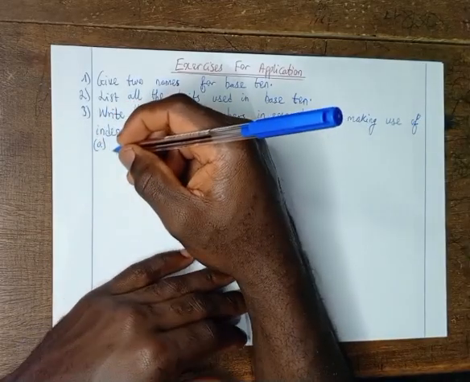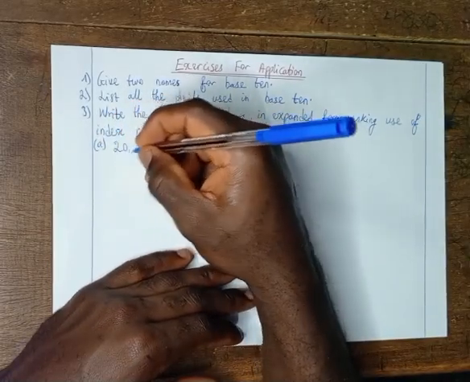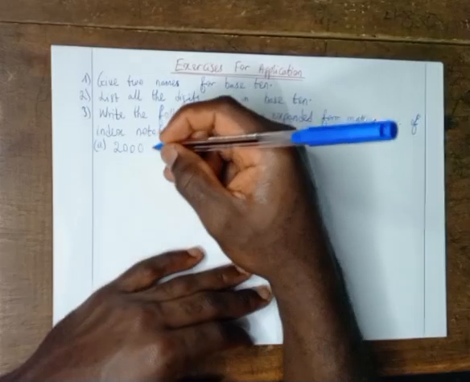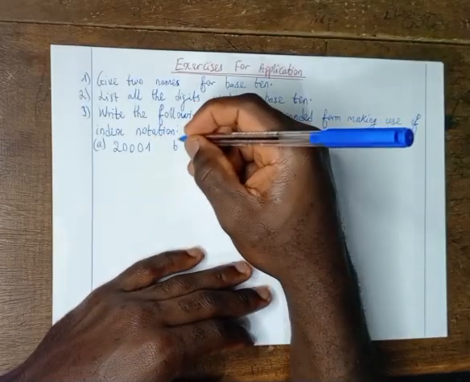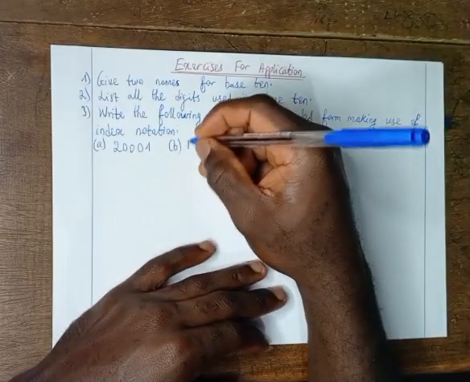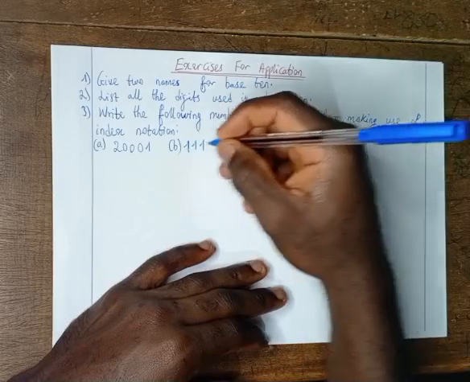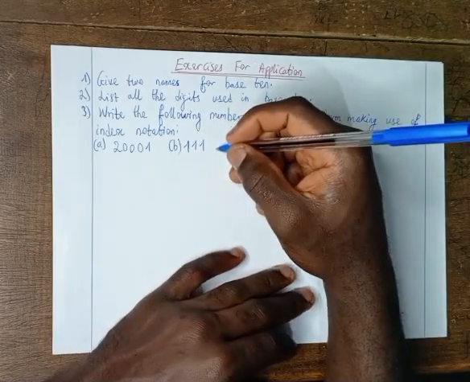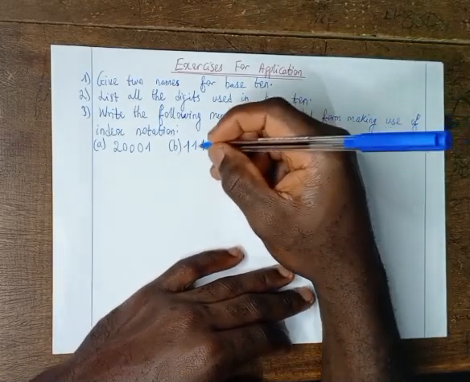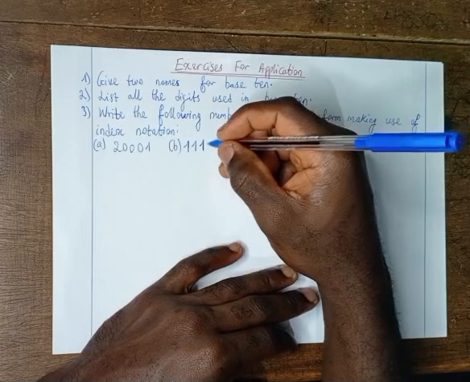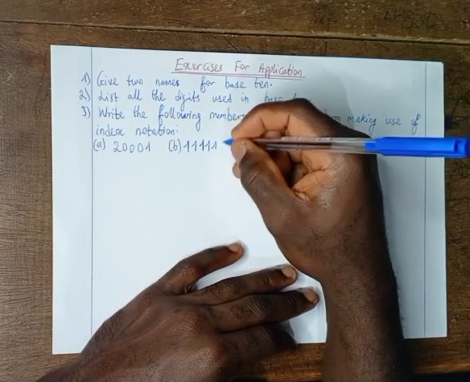The first one, we have the number 20,001. Next we have 111,111.